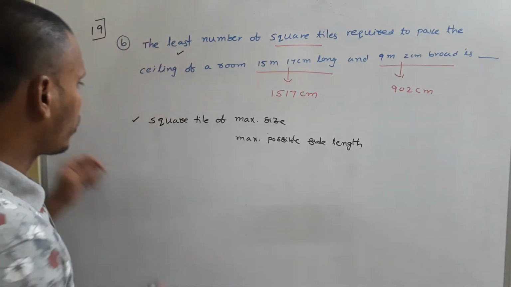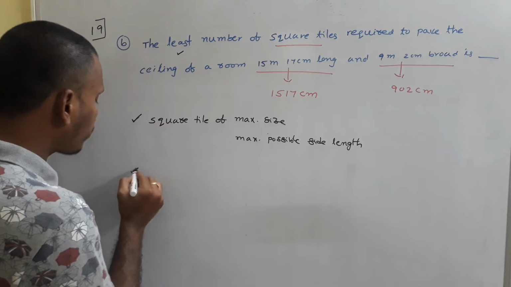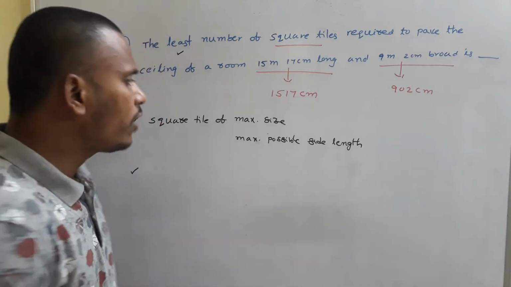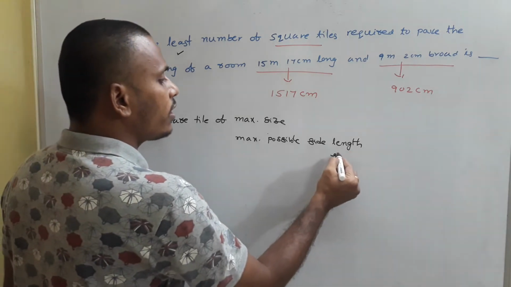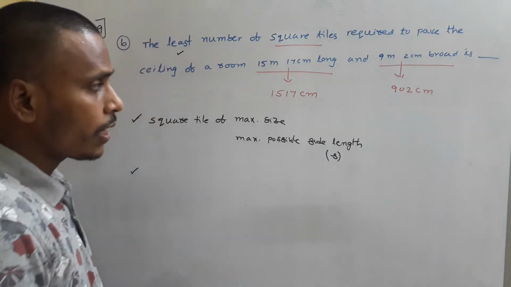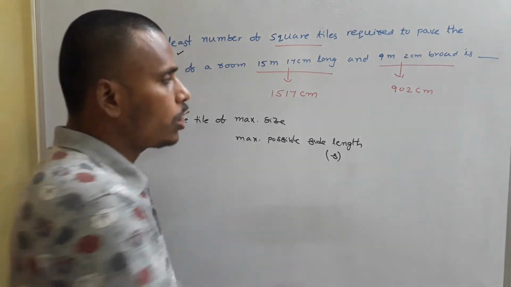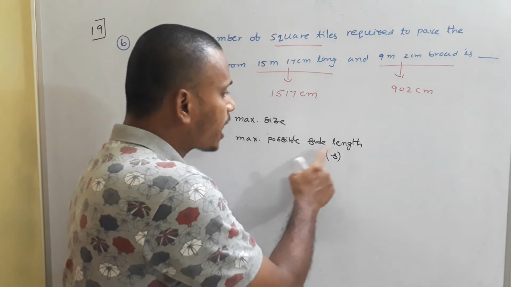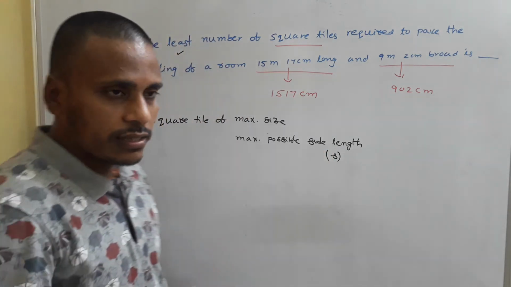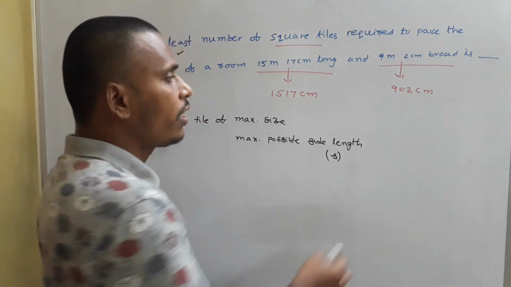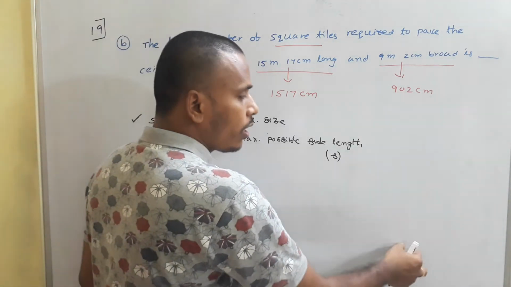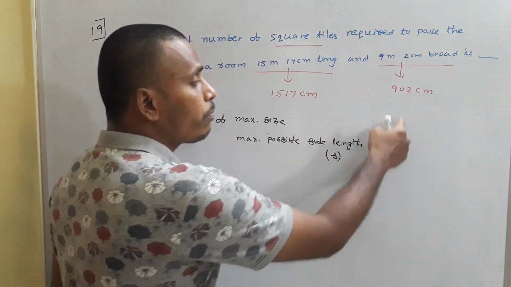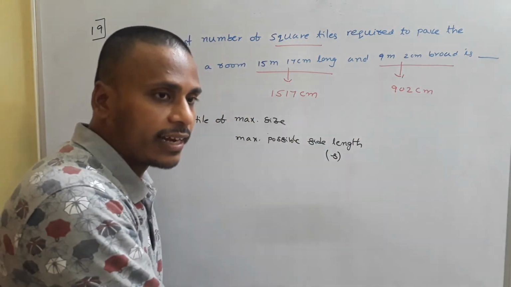That's the first observation. The next observation is, usually we arrange tiles one by one. If the maximum possible side length is S, then the total length should be covered by these square tiles exactly.